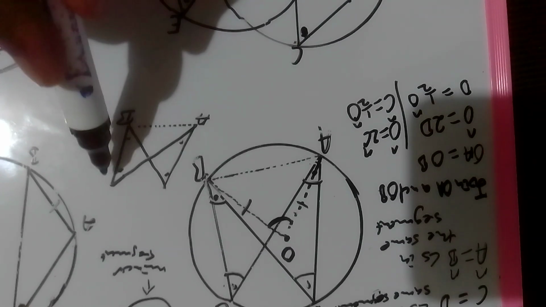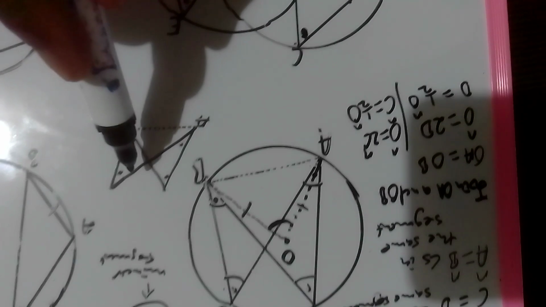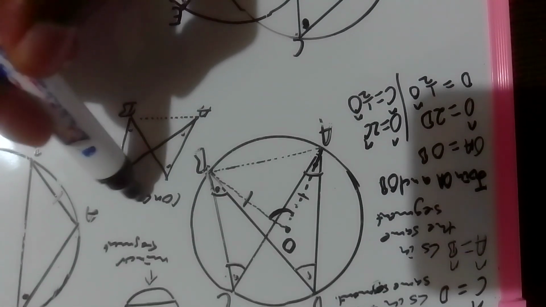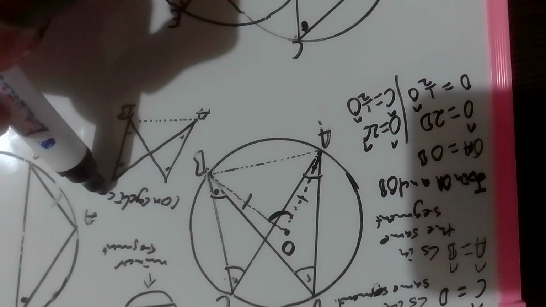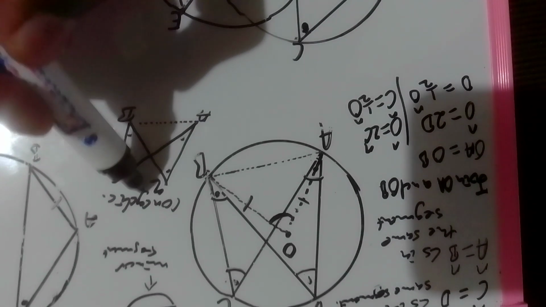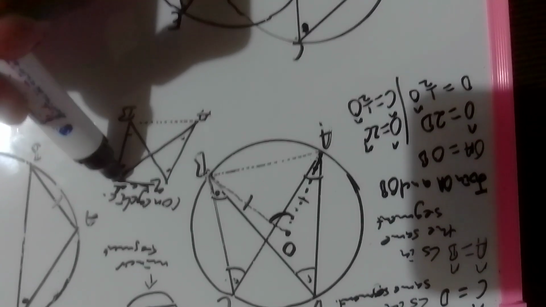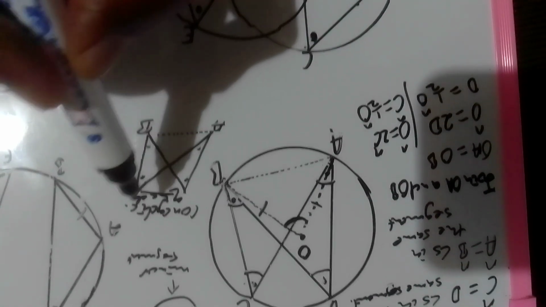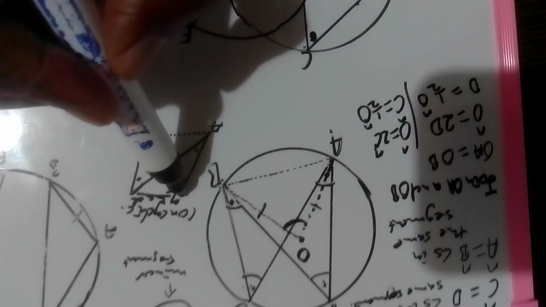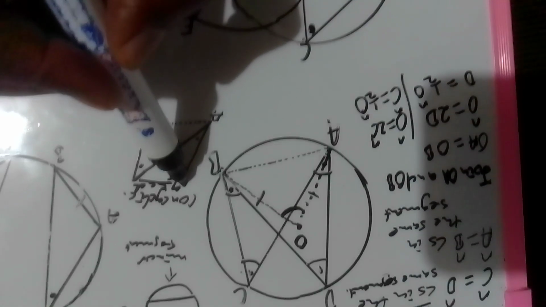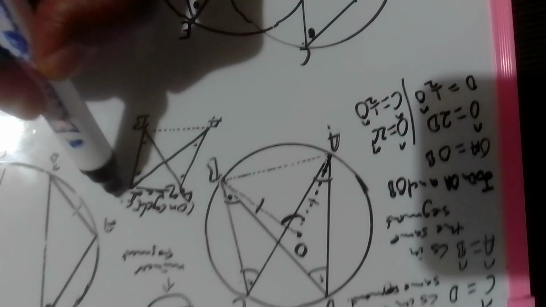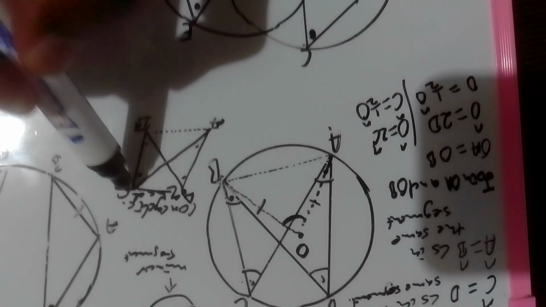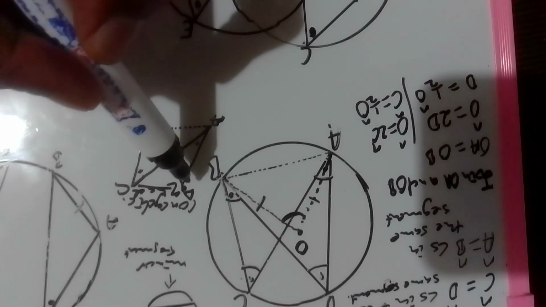So if you have proven that they are in the major segment, then it means you've got a concyclic quadrilateral. We already know that quad means 4. Now, concyclic, what does it mean? When you have a cyclic quadrilateral, it means that these 4 points, we named them A, B, C, D, are found on the circumference of a circle.